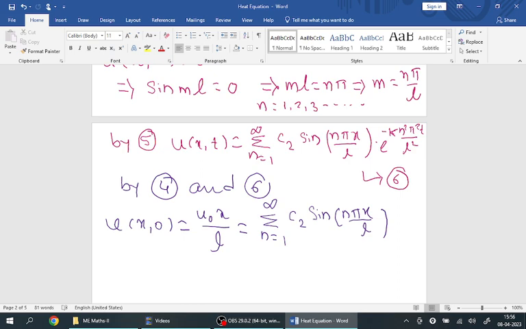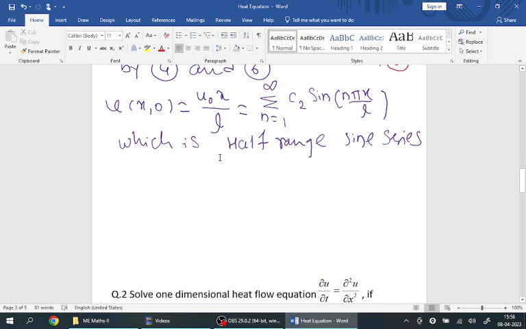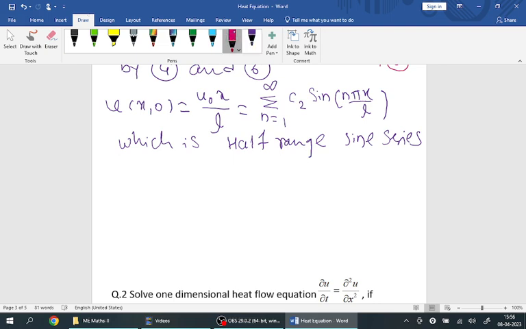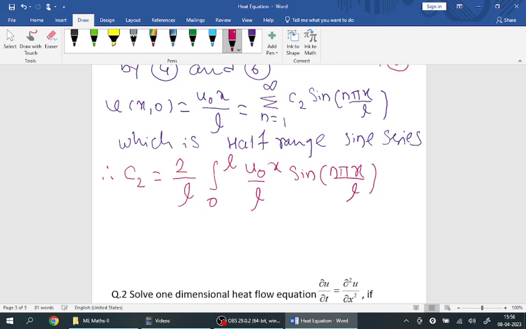But this is a half range sine series, and because of that we can get the value of c2 by the formula: c2 is 2 by l integration 0 to l f of x, which is u0 x by l, sine n pi x by l dx.